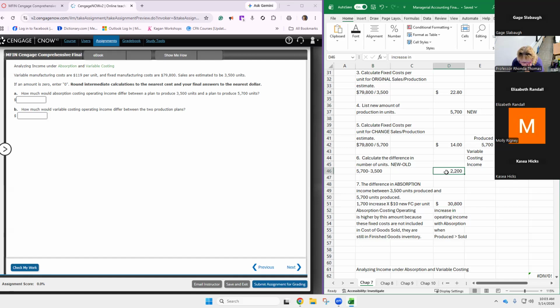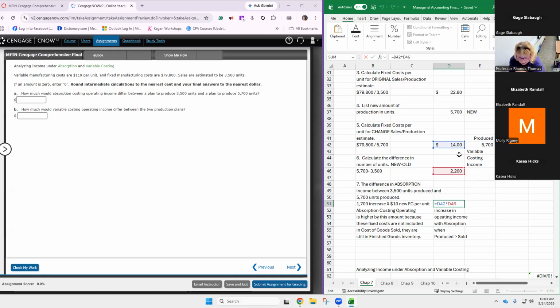So we have 2,200 units more in production with the new 5,700, and we're going to take that number times the new fixed cost per unit. So here's the answer. The extra units times the new fixed cost.